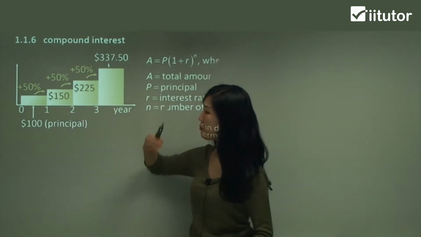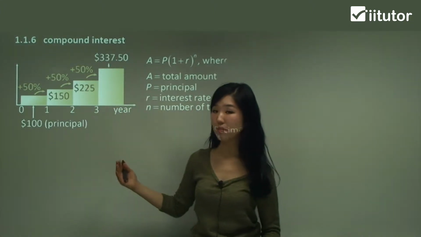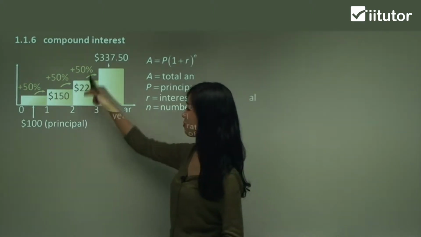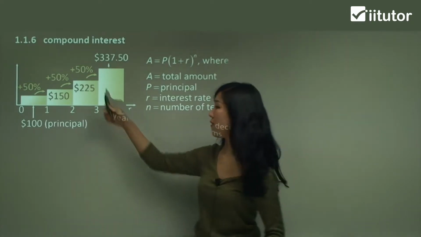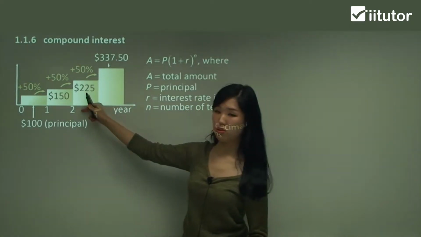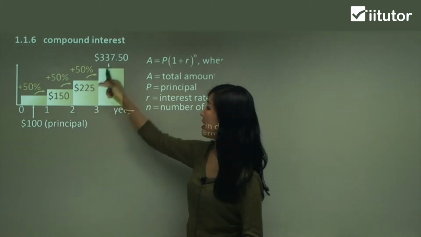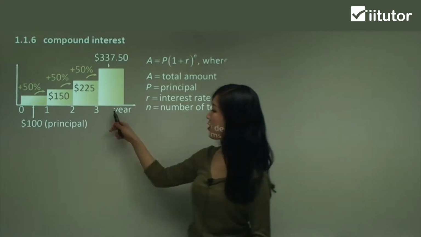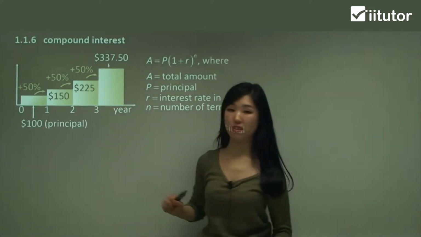See how it's building up period by period? So now our new value is $225. We calculate 50% of this value, not this value, and then we add it on top of the $225 to get $337.50. So our final value at the end of the term is going to be that value there.